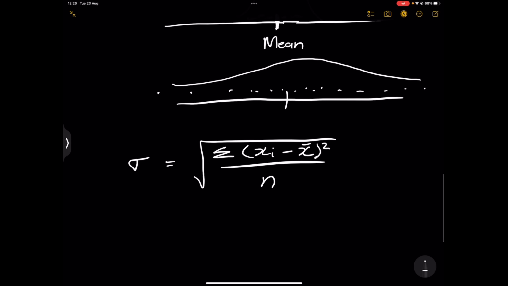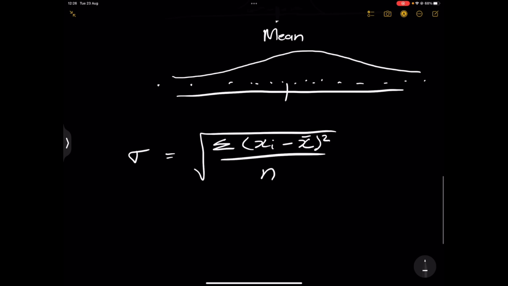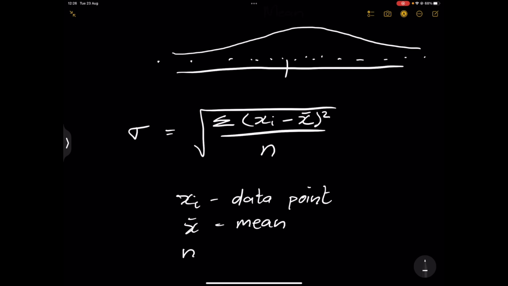Just remember, xi is our data point, the value, x bar is our mean, and n is the number of data points that you have.